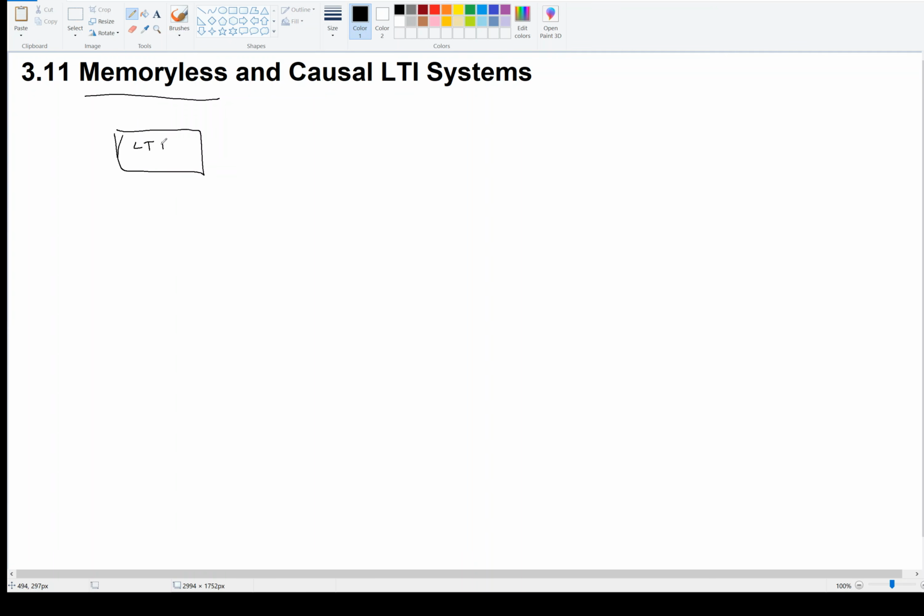Okay, now let's run with that idea. If this is an LTI system, so given that it is linear and time invariant, if I put x in, I'm going to get y out, and we know that y is the convolution of x with h.